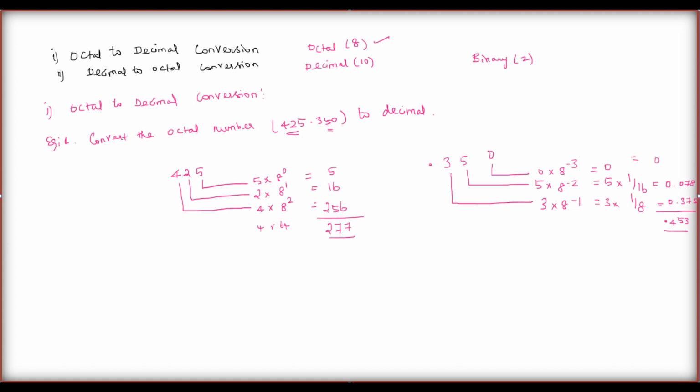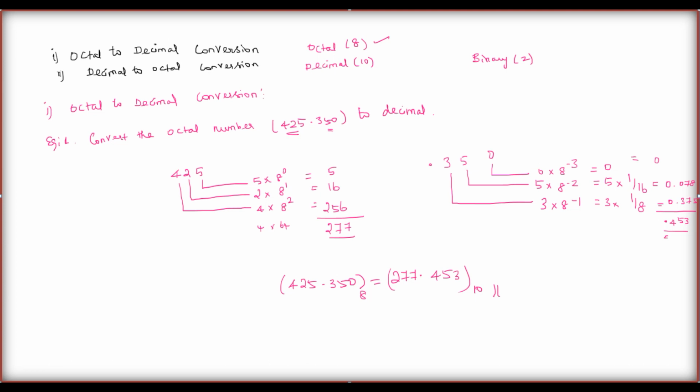So finally the octal number 425.350 is 277.453, with base 8 and the decimal with base 10. So in this way we have to solve this problem.